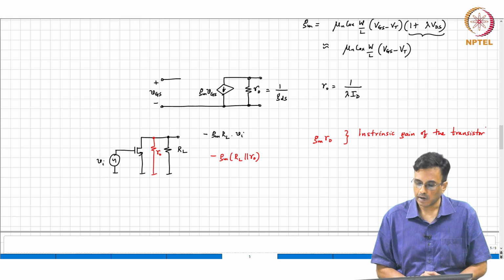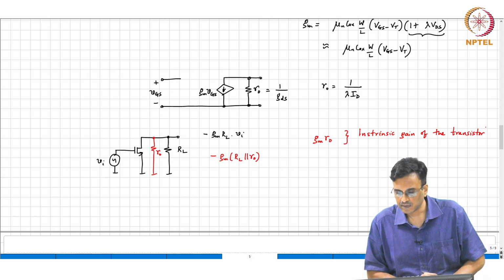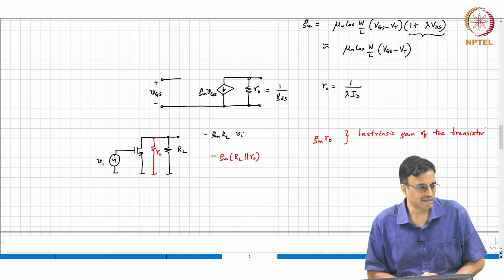Ideally of course the intrinsic gain should be infinity, but in practice this GM RO depends a lot on the details of the construction of the transistor.